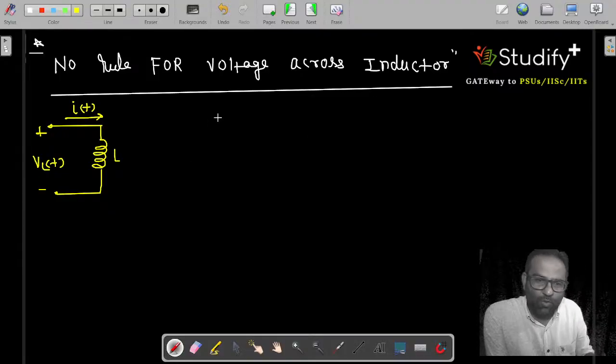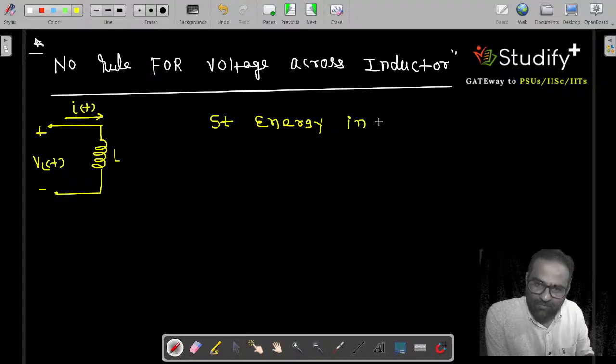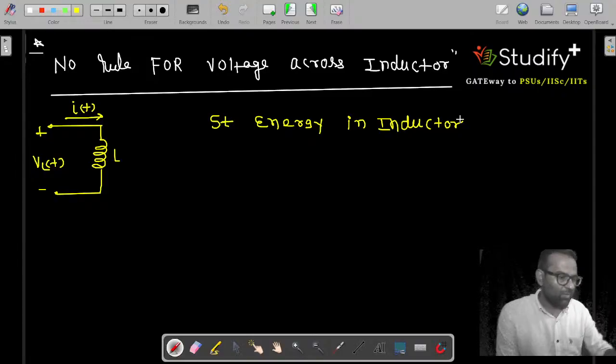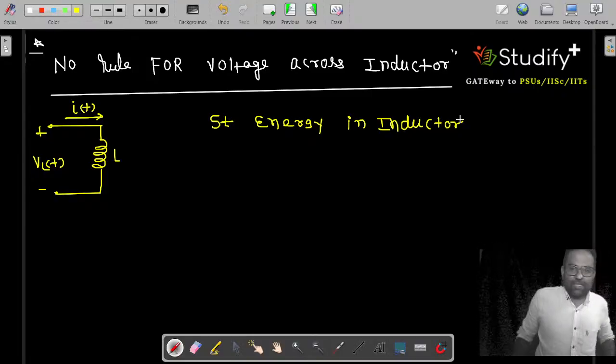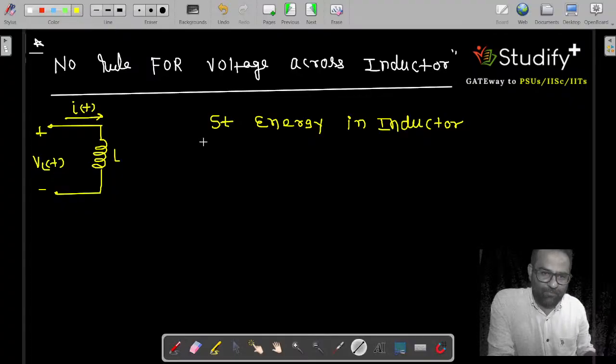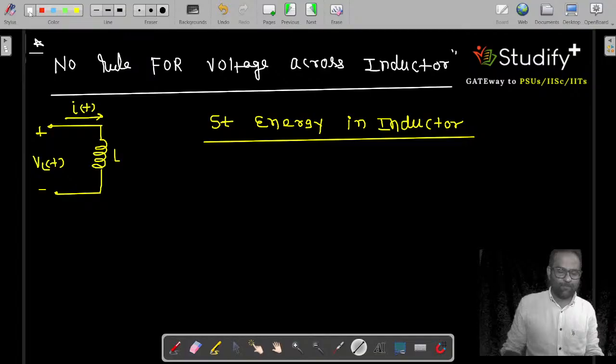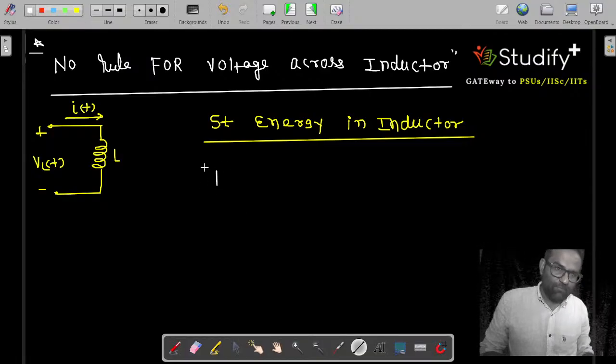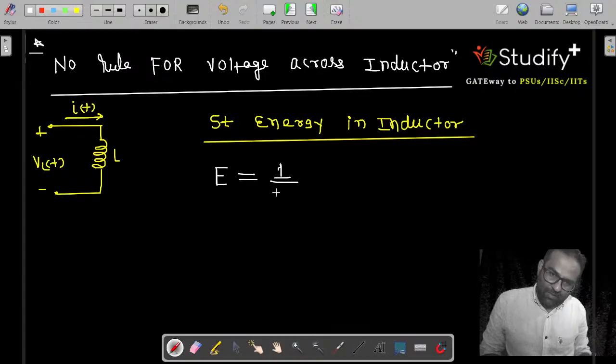So can I say the stored energy in the inductor is given by half L I square?